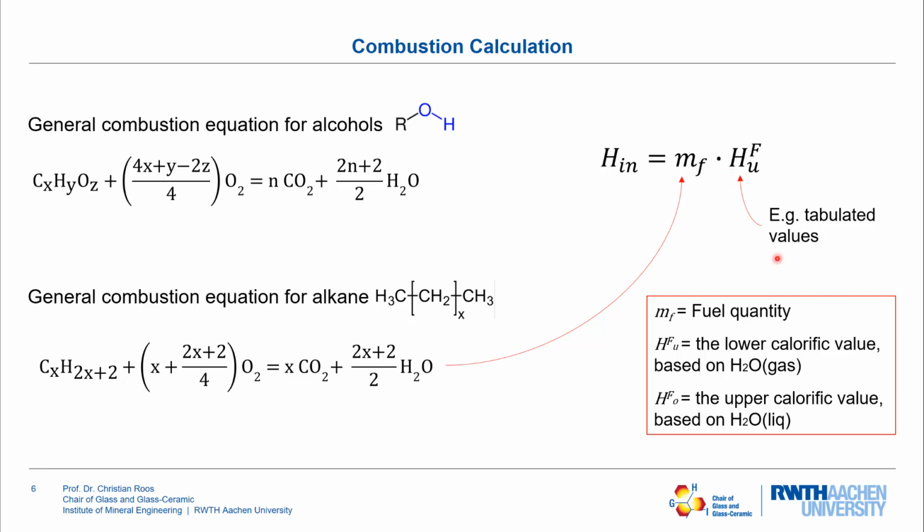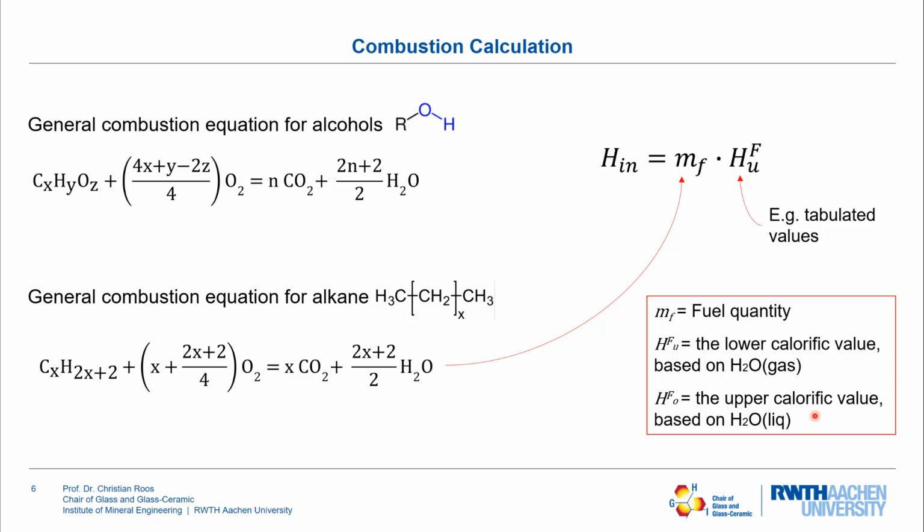Just some words on the lower calorific value and the corresponding upper calorific value. The lower calorific value refers to water being still in gaseous form, so it's not condensed. The upper calorific value additionally draws energy from the condensation of the gaseous water into liquid water.